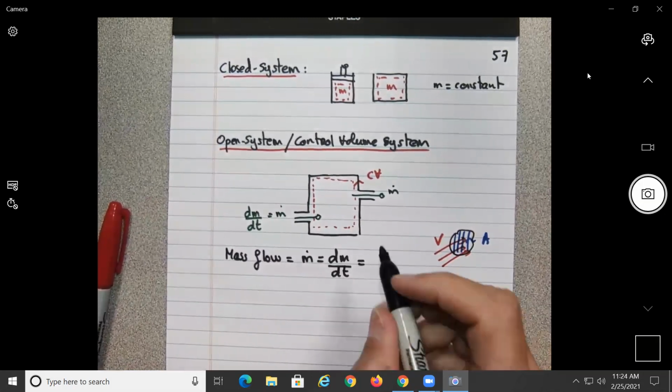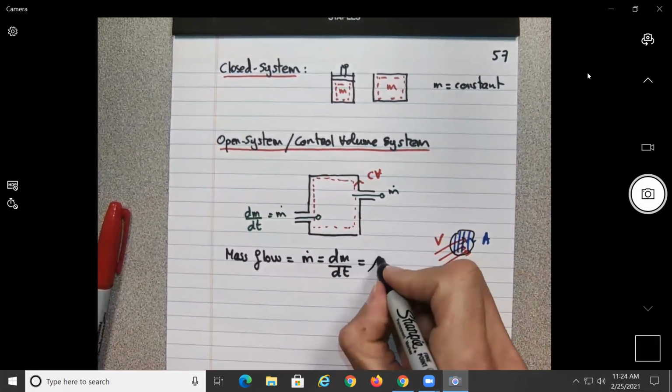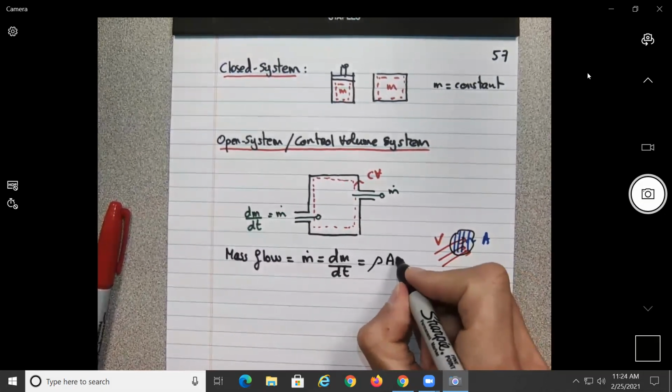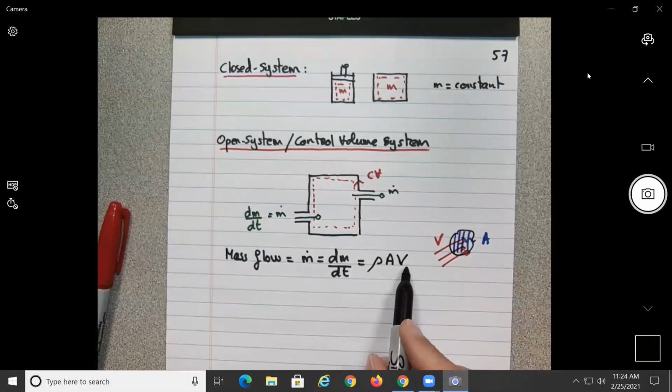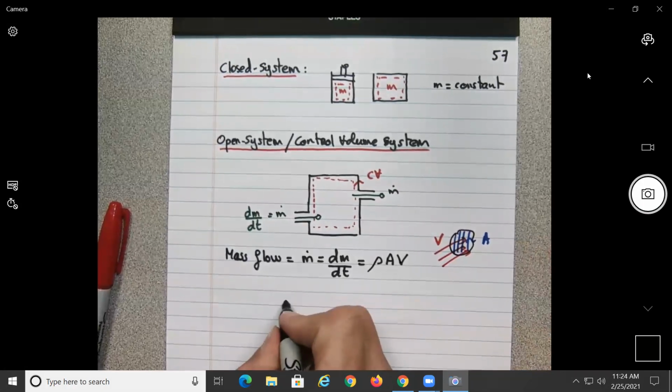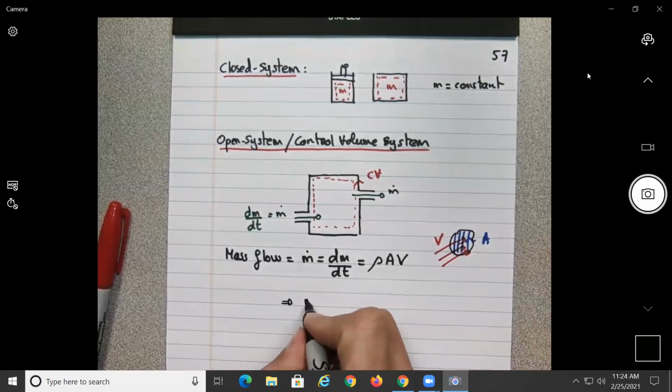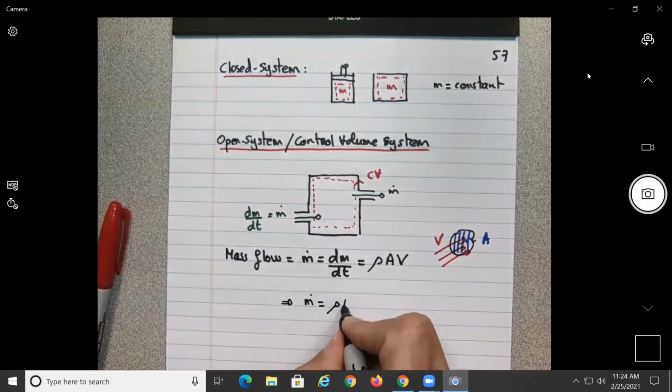So this is equal to density times A times V, and here be careful because this V over here is velocity. So m dot equals rho A V.